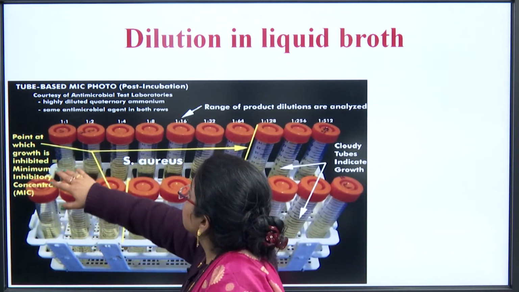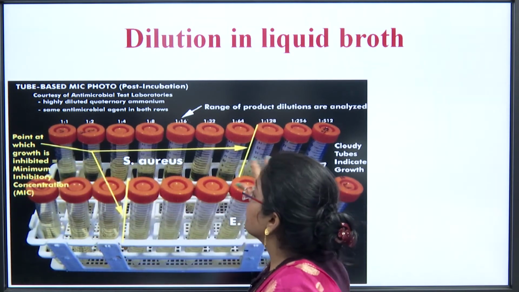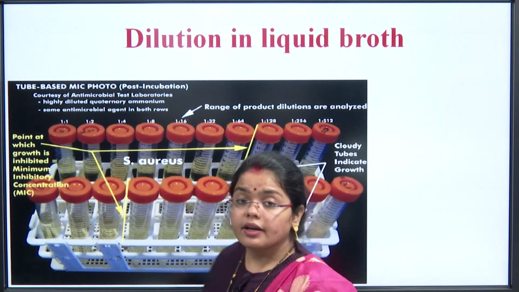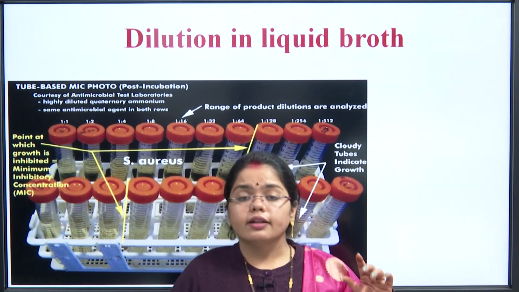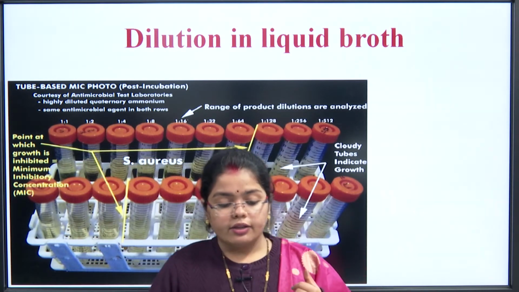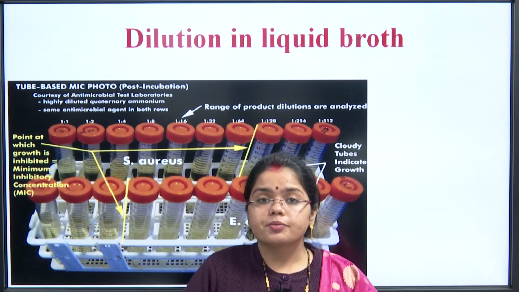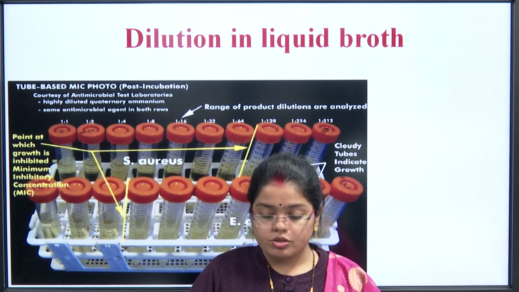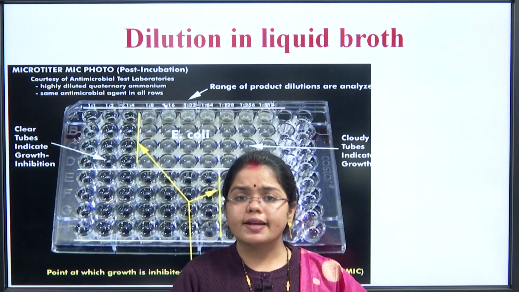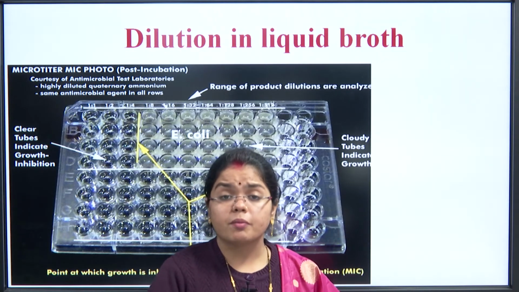These are the tubes in which turbidity is present and the presence of microorganisms is clear. We dilute accordingly. Cloudy tubes indicate growth, and the point at which the growth is nearly absent we take as the minimum inhibitory concentration. I placed these figures to help you understand how these plates look when doing this kind of MIC testing.